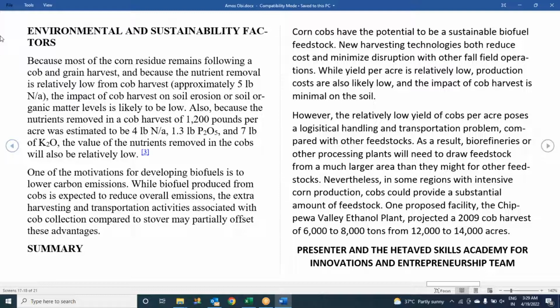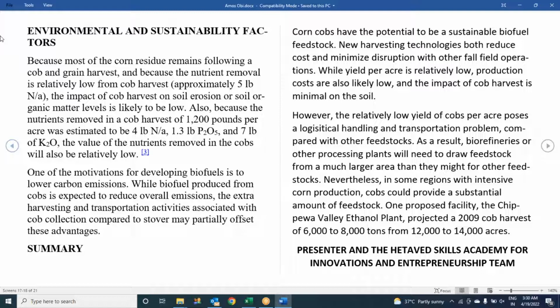New harvesting technology both reduces costs and minimizes disruption to other fall field operations. While yield per acre is relatively low, production costs are also likely low, and the impact of Concord harvest is minimal on the soil. However, the relatively low yield of Concord per acre poses a logistical handling and transportation problem compared with other feedstock.